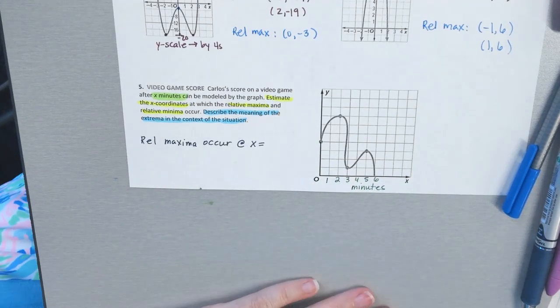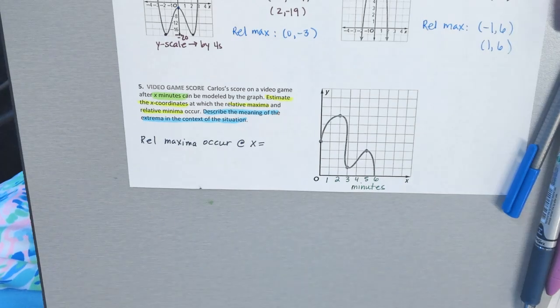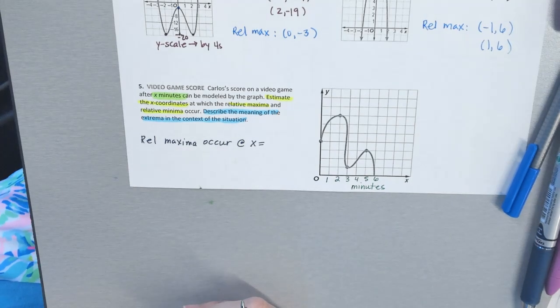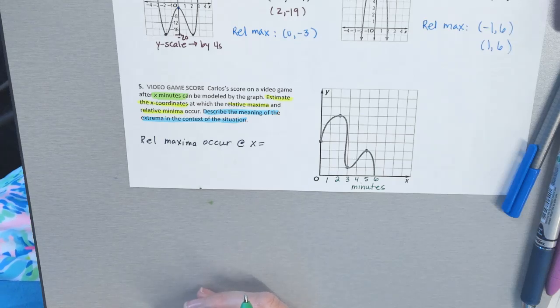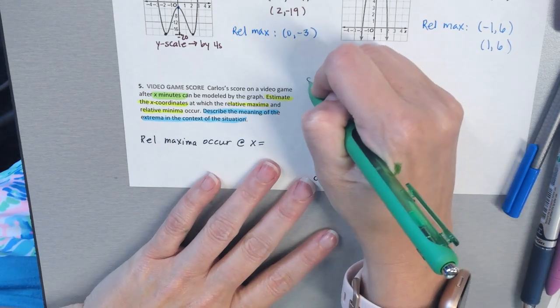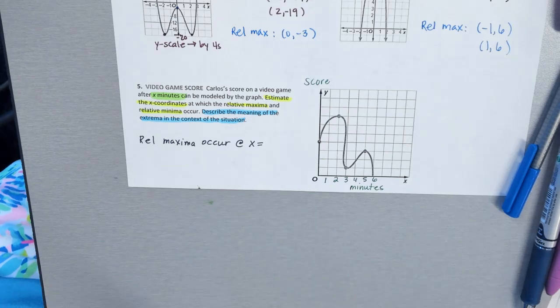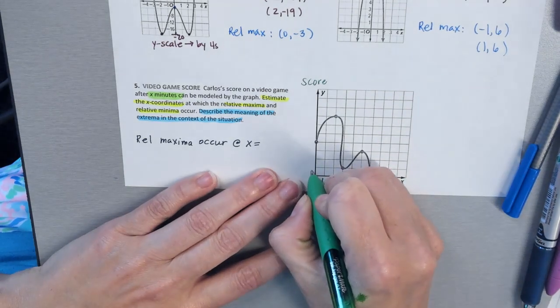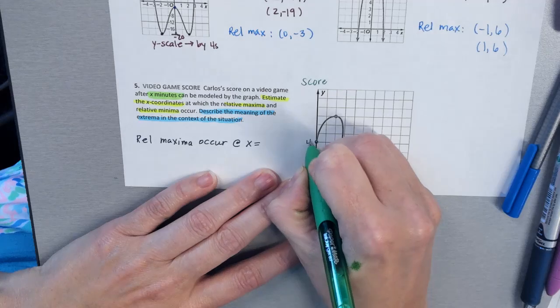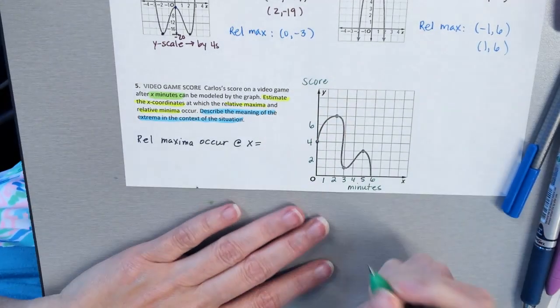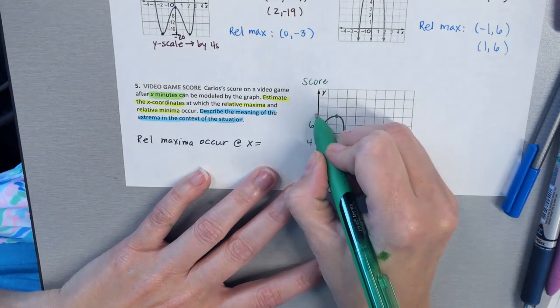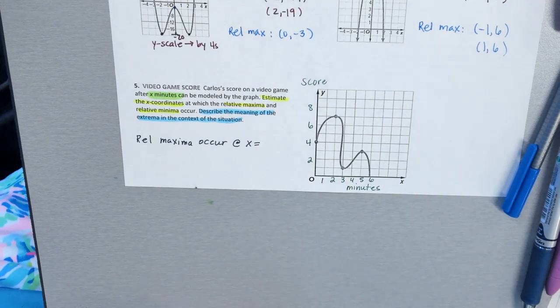Now it doesn't come out and say exactly what the y is, but based on that first sentence, what is the y value? It's his score. Okay, so it's the score of the game. And again, it doesn't give us what those values are, so they're just going to go by ones. And sometimes I just label every other one so they're not all close together.